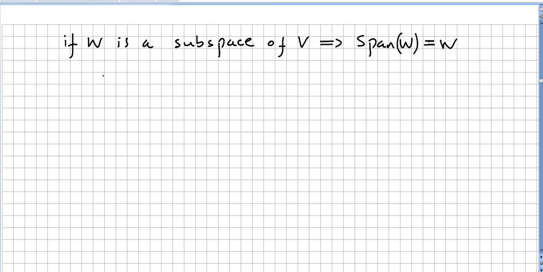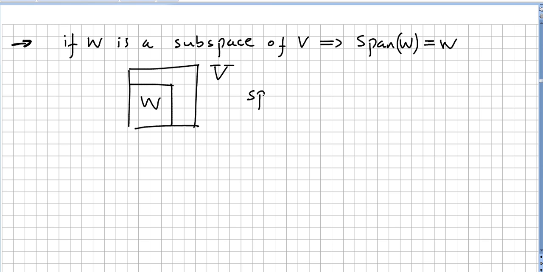Now we will do some exercises on the linear span. If W is a subspace of V, that means that the span of W will be W. So let us say we have a vector space V and we have here W as a subspace.